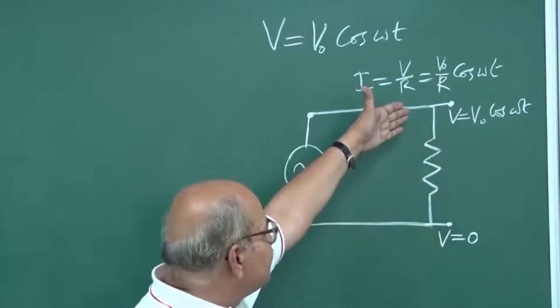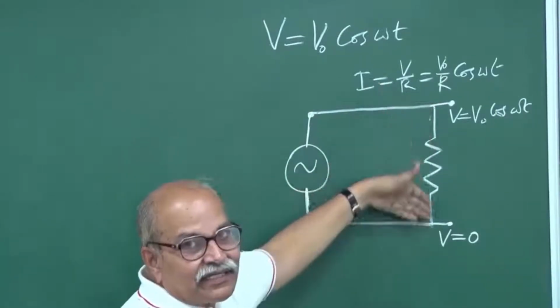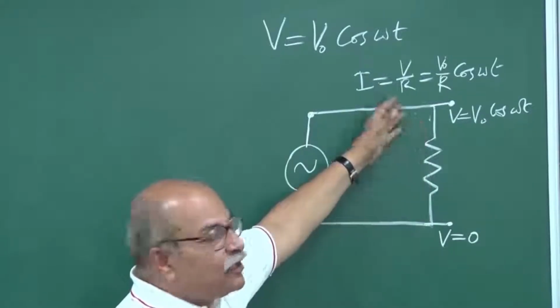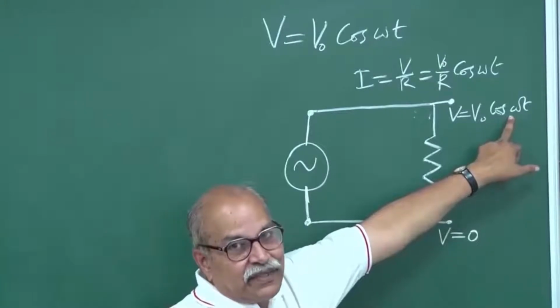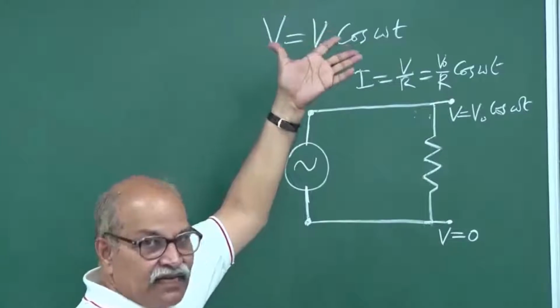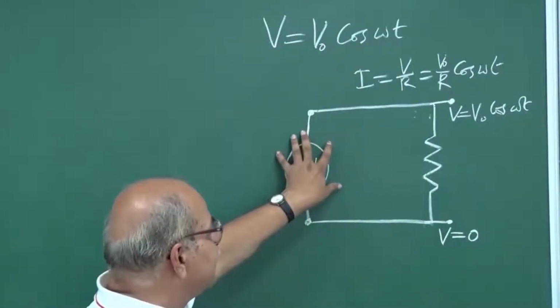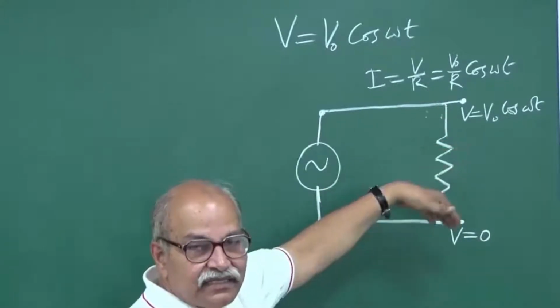So the current will go in one direction and then in the other direction and so on. The current will change sign with the frequency guided by this omega. This is the angular frequency. Our mains comes at 50 hertz. So if I put my mains here, then this will be 50 hertz cycling.